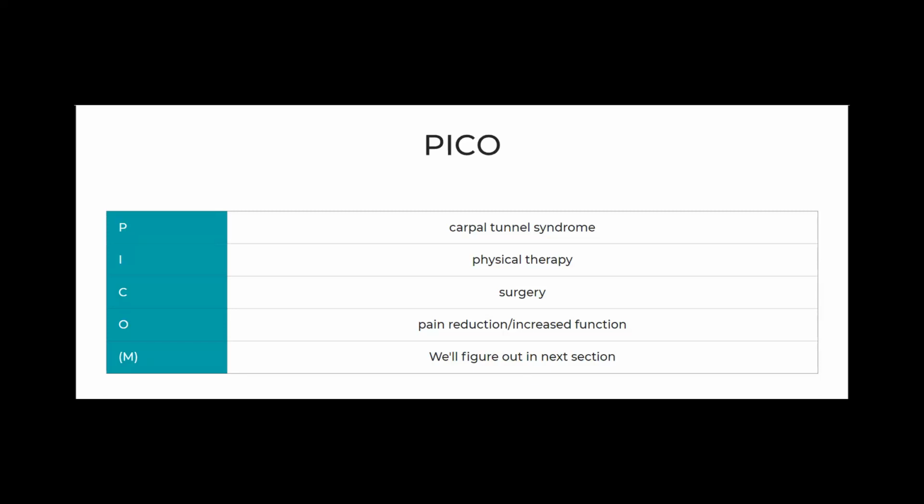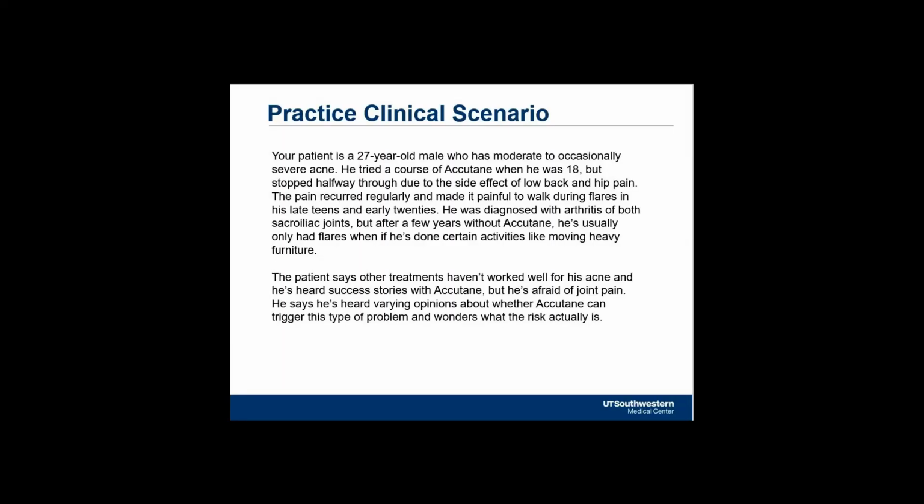I did write down the outcomes that we'd like to see for the patient, but I don't think I'll search for those because that probably is implied, but sometimes you have to get into a search and play around with it to see. And on that note, this is your practice scenario that you'll use throughout the module as we go through some little exercises.